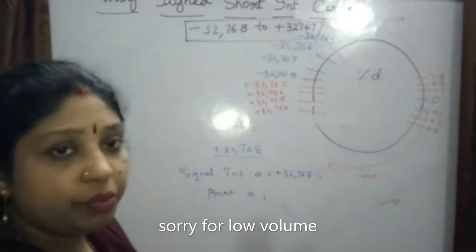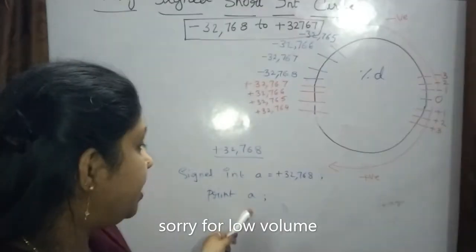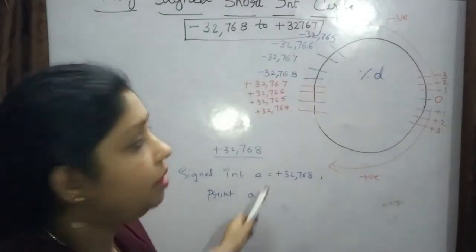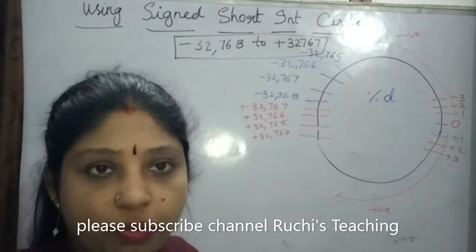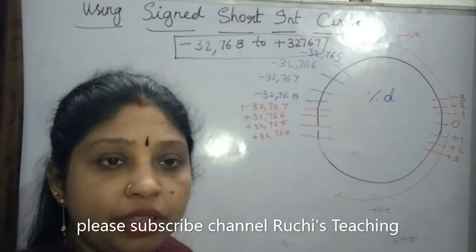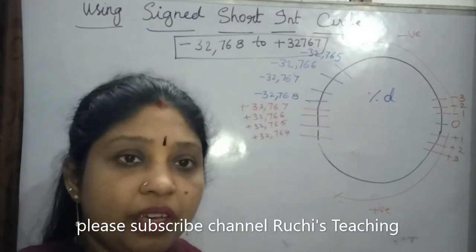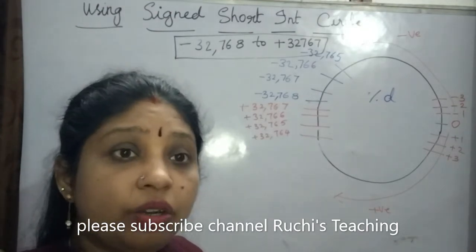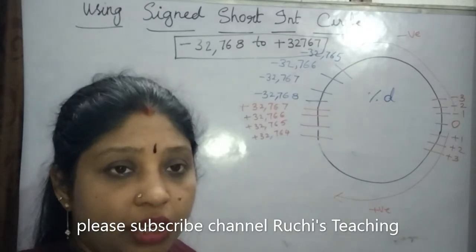And with one small program, I am going to explain this type of thing. Now I am going to write one small program where you will find out the difference of giving values which are not there in that particular circle.